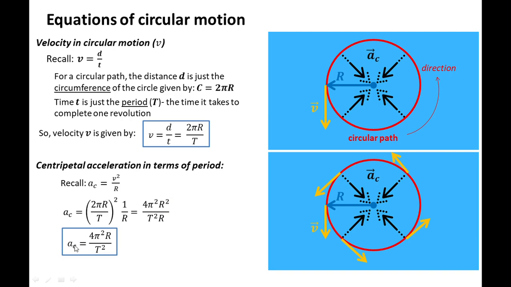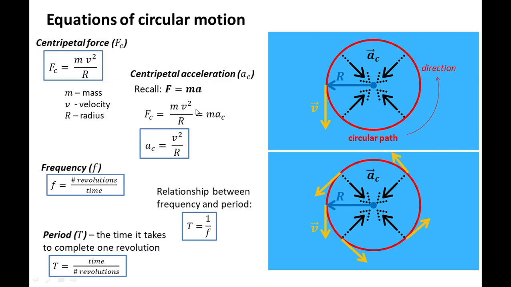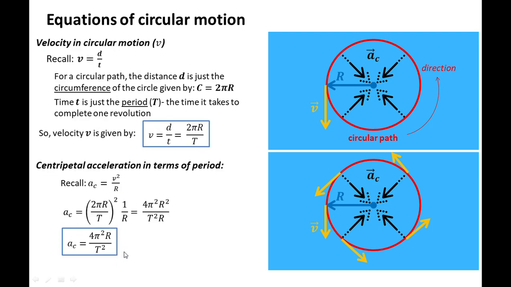That means that you can actually calculate the centripetal acceleration using this equation. So you now have two possible equations to calculate the centripetal acceleration. You just choose between these two equations, whichever is available in the given.